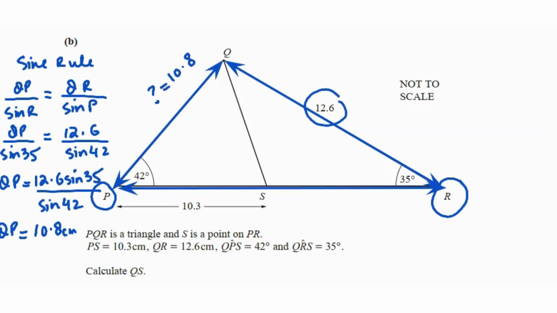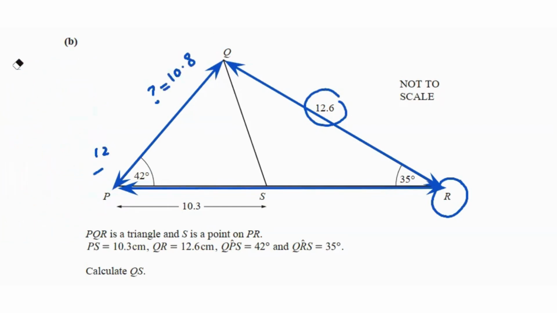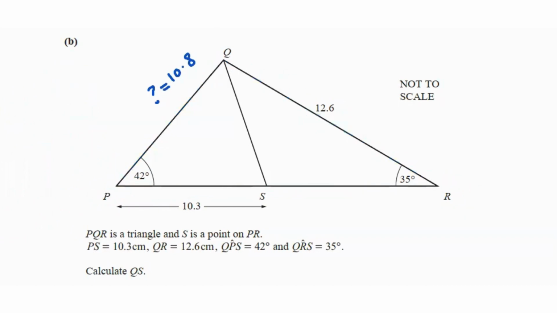Now that we have QP, we move on to finding QS. The triangle we're going to focus on is this, and this. We have two lengths and the angle between them, which is the condition for applying the cosine rule.